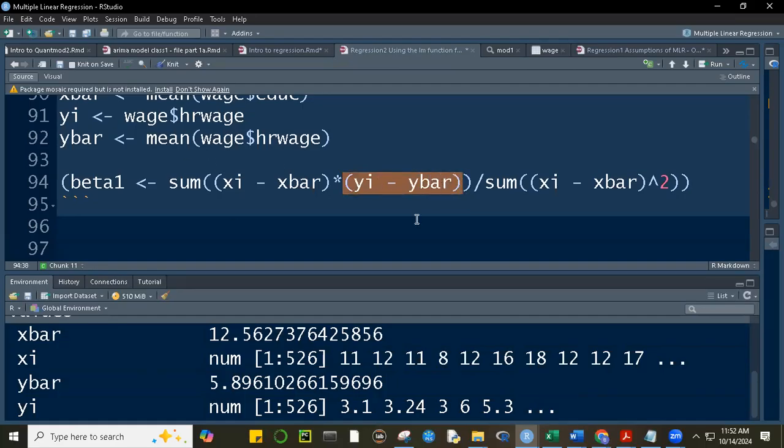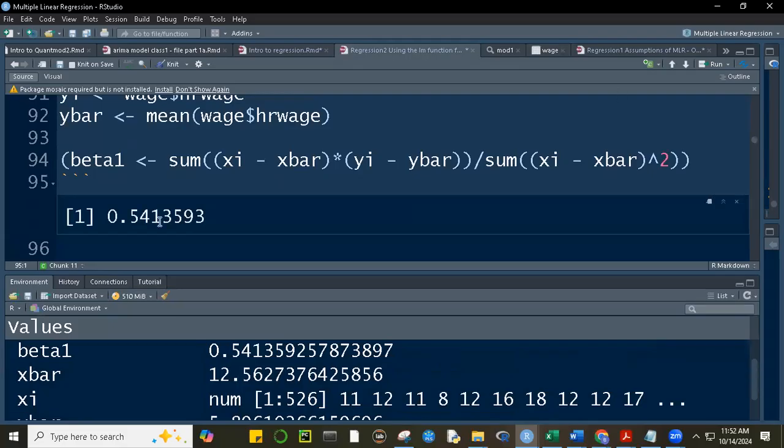We wrap this in parentheses because we are summing the cross product, and then divide by the sum of x sub i minus x bar squared, which is the variance term. That is also summed. If you run this, class, and print it, the parentheses here and here will result in printing the result. So this one, class, is 0.54.